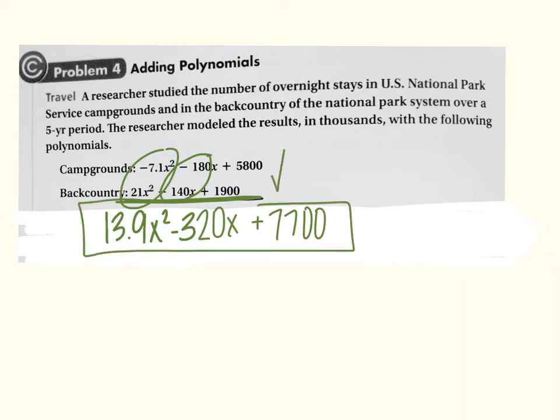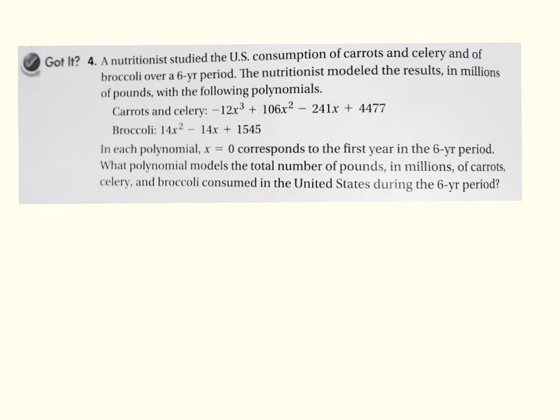And that's just vertically or going down, okay? I don't care how you do it, whichever way you feel comfortable. Alright, so I want you to add these two polynomials right here. Pause the video and catch up with me on the next slide.